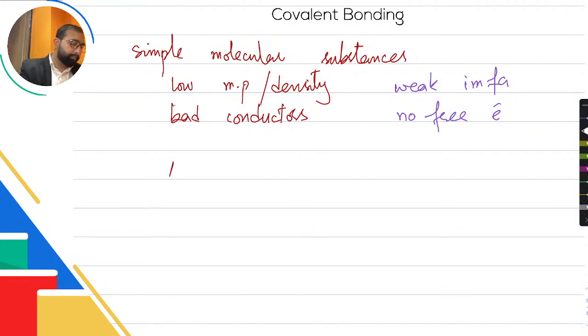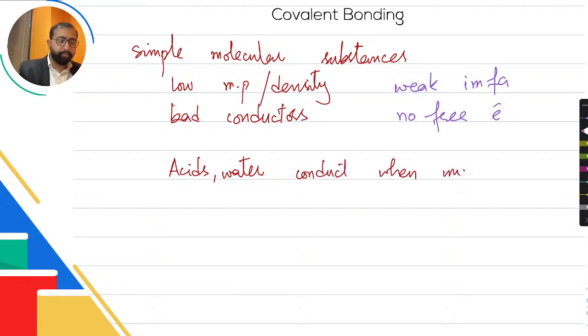So acids, water, both of these things conduct when impure. And the reason why they do that is because they ionize. So they have free ions, and because of them, they're able to conduct. In pure form, they will not be able to.